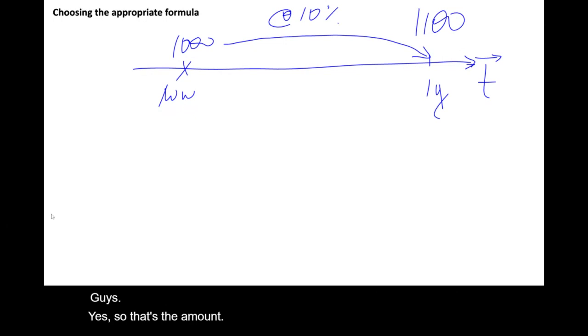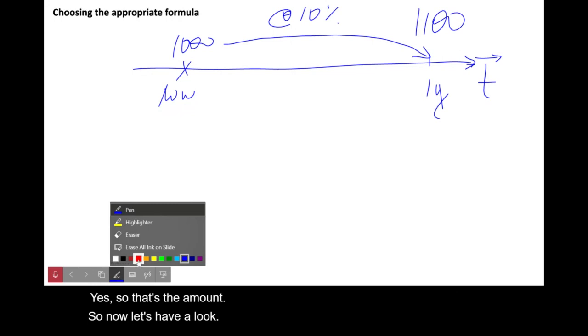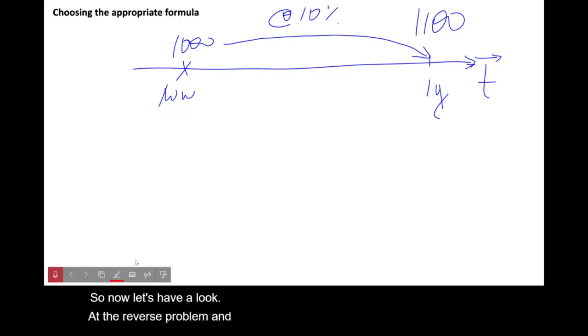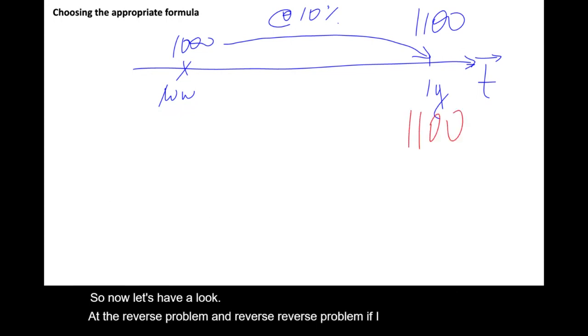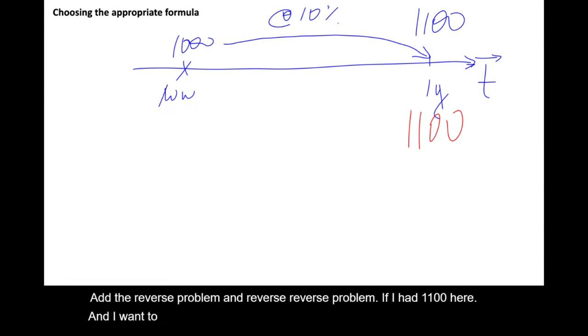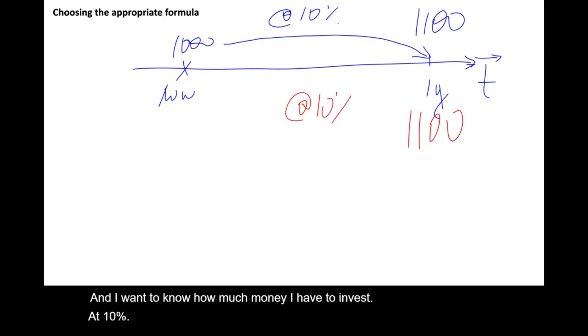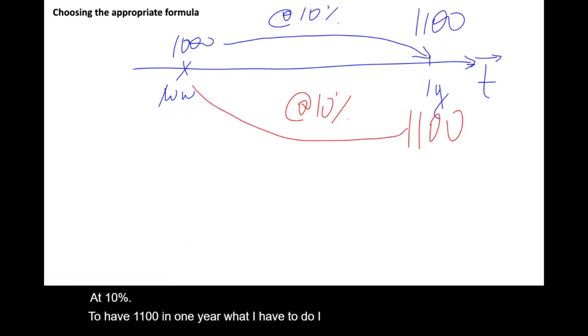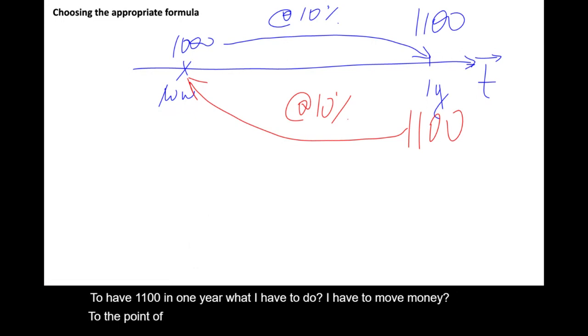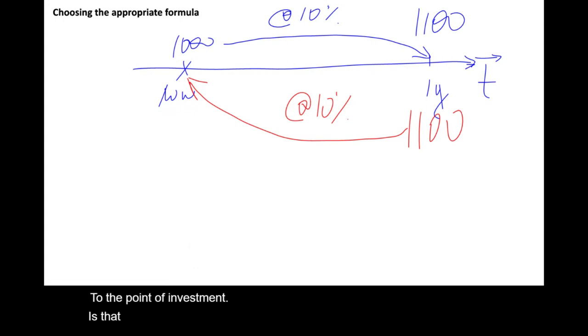So now let's have a look at the reverse problem. In the reverse problem, if I had 1,100 here, and I want to know how much money I have to invest at 10% to have 1,100 in 1 year, what do I have to do? I have to move money to the point of investment. Is that clear?